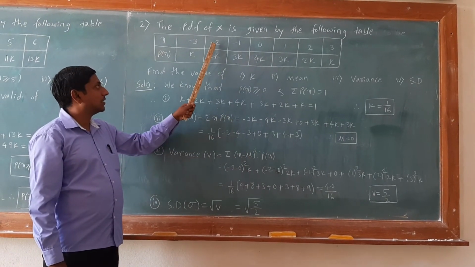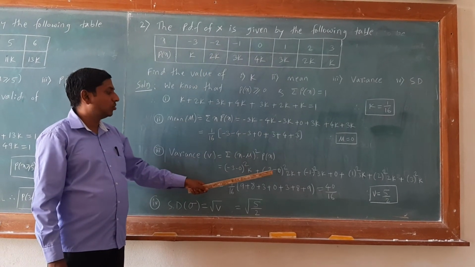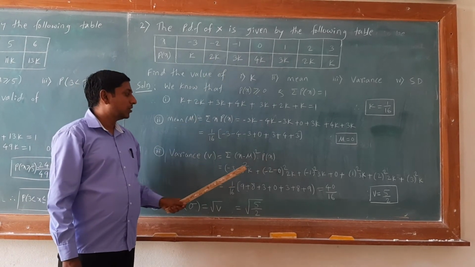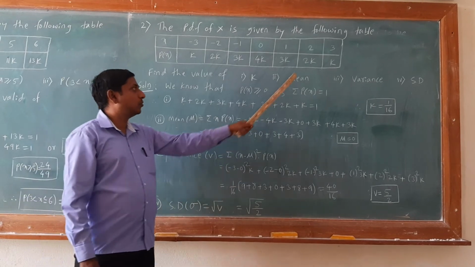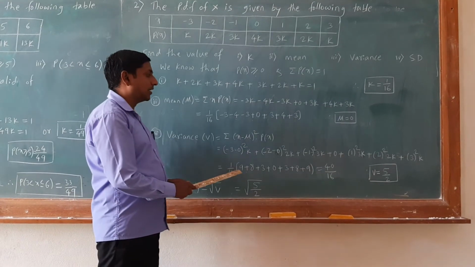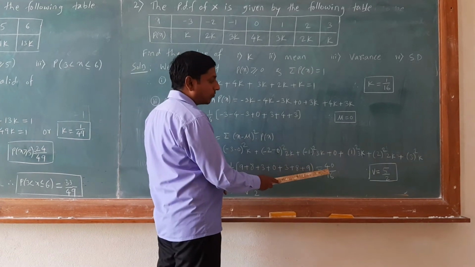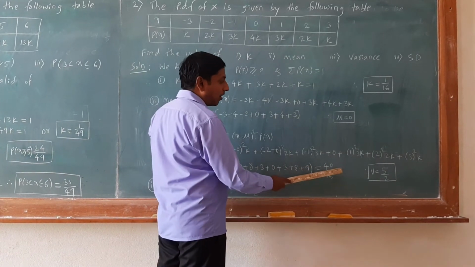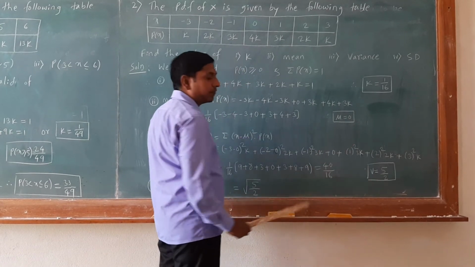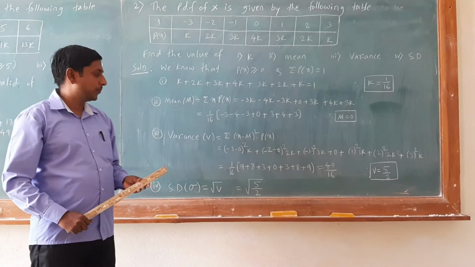Then the next x value is minus 2, again mu is 0, p of x is 2k. Continue this process up to 3 and k and simplify. Finally we get phi equal to 40 divided by 16, or cancelling 40 and 16, our phi value becomes 5 divided by 2.